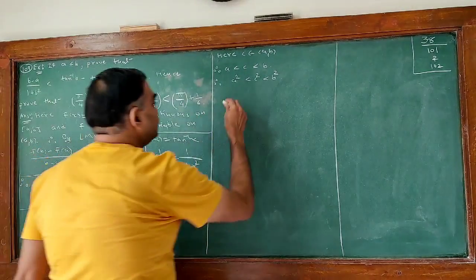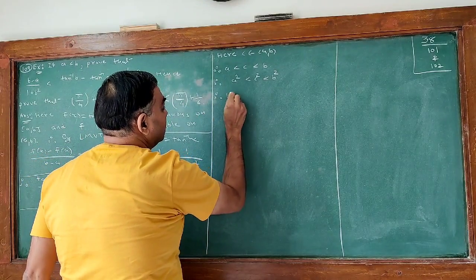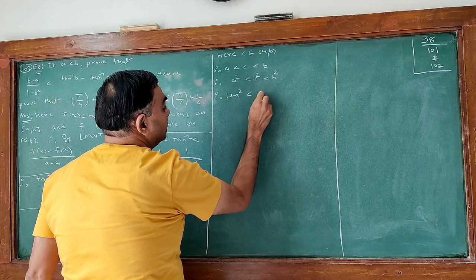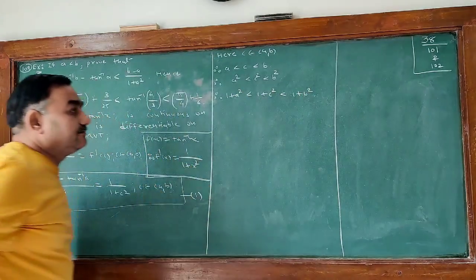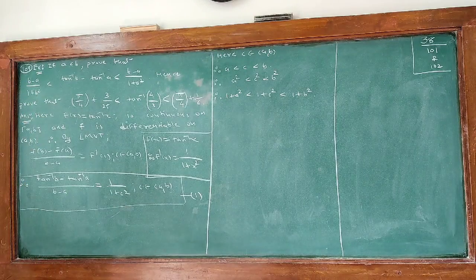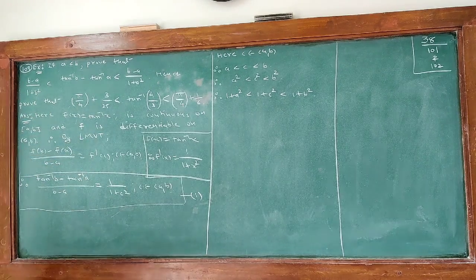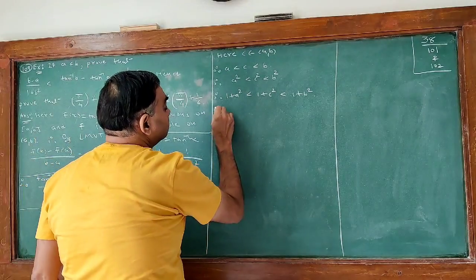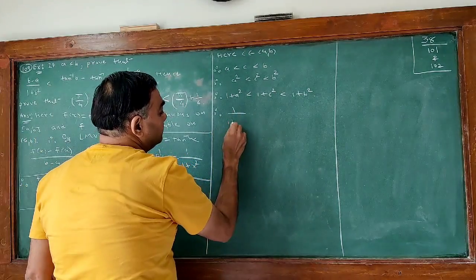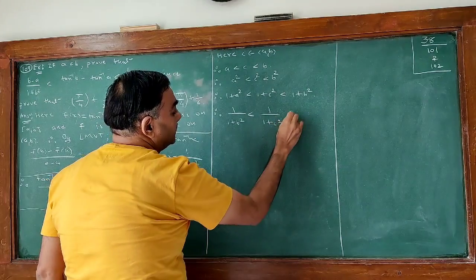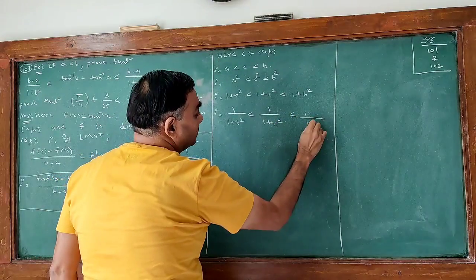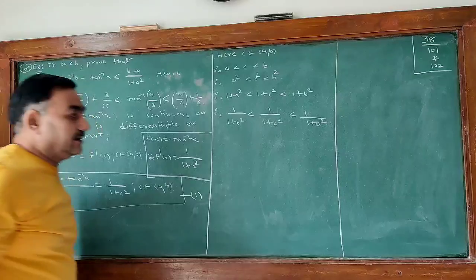Adding 1 to all of this: 1 plus a square, 1 plus c square, 1 plus b square. Then we take reciprocals: 1 upon 1 plus b square is less than 1 upon 1 plus c square is less than 1 upon 1 plus a square.